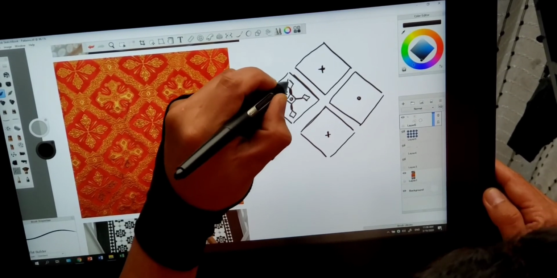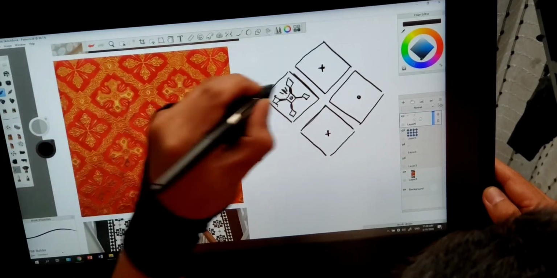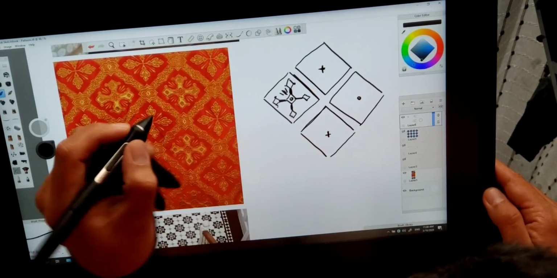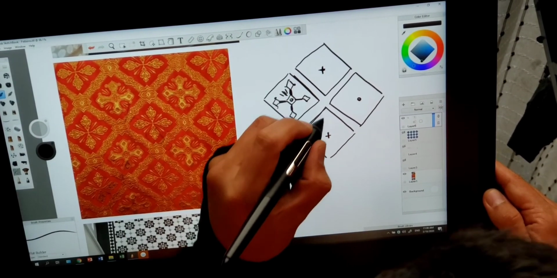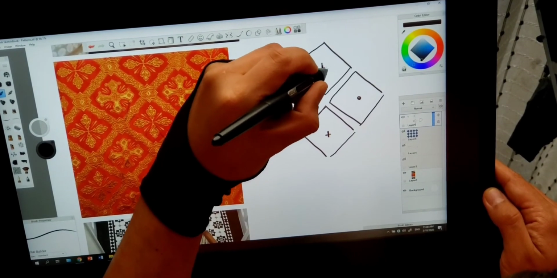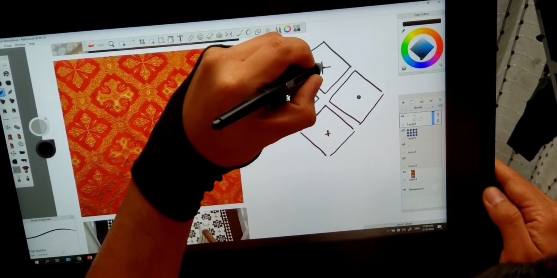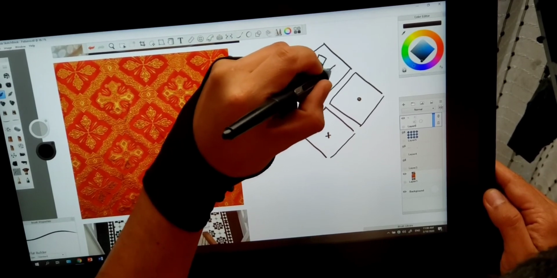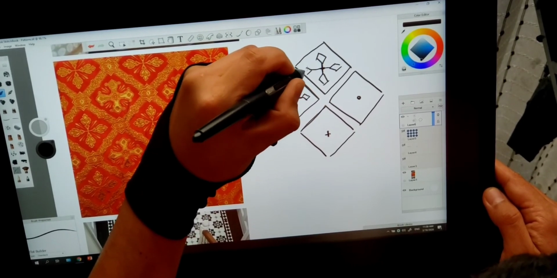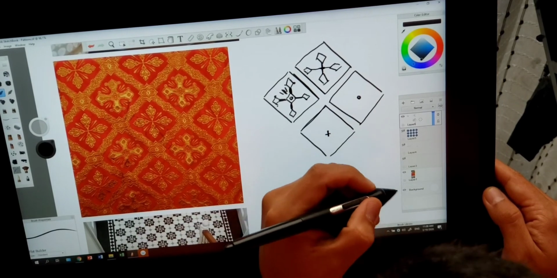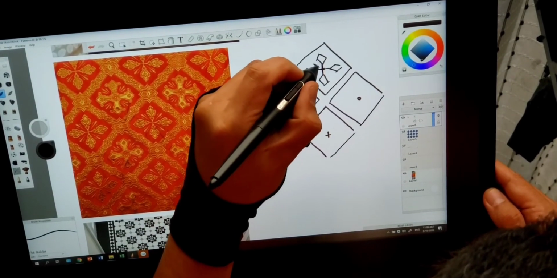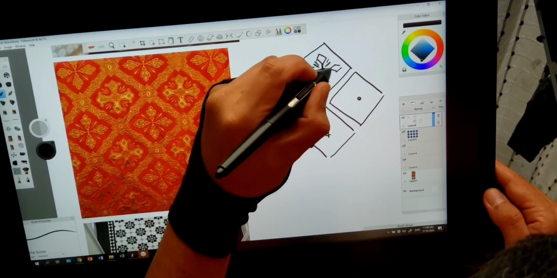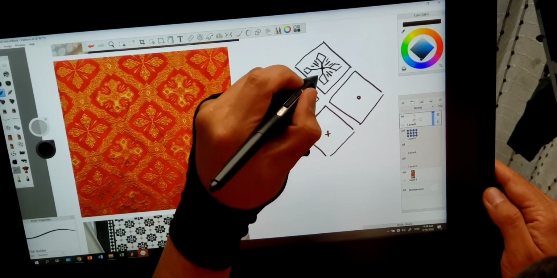Okay, so when I draw my pattern, I'm going to make sure that I draw exactly the same. Then for the other one, I'm going to see something like this that starts a little bit differently. I'm just showing something quick and fast so you can see more or less where the differences go in this pattern.